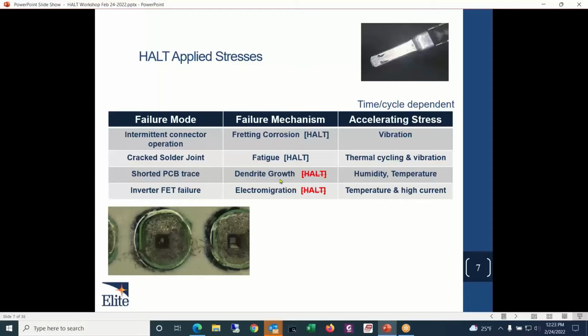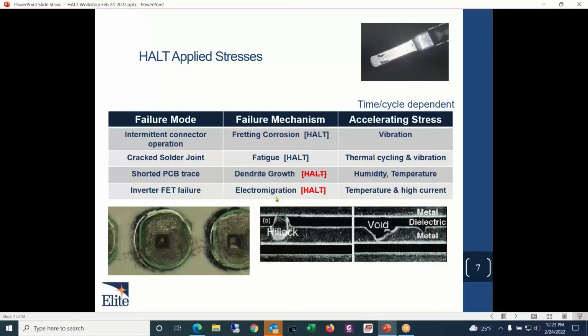What might drive dendritic growth would be maybe some humidity, some contamination on the board, temperature and voltage. Generally, there needs to be some sort of potential between these two traces, maybe some contamination, maybe some humidity, and that will drive this particular failure mechanism.